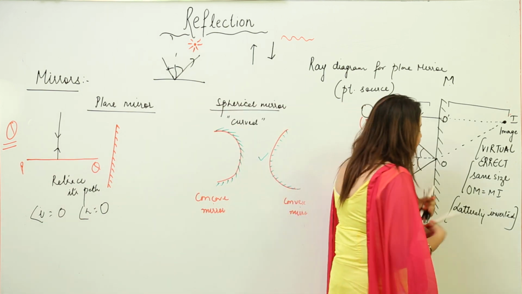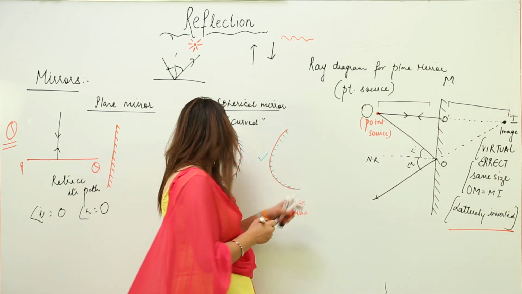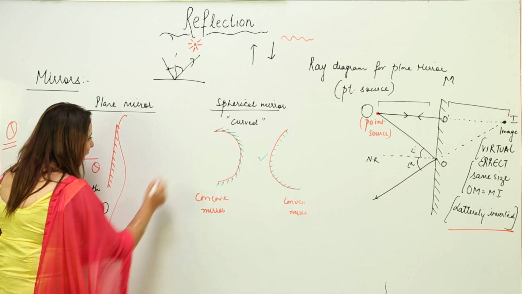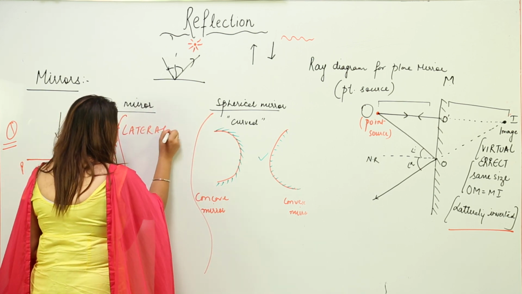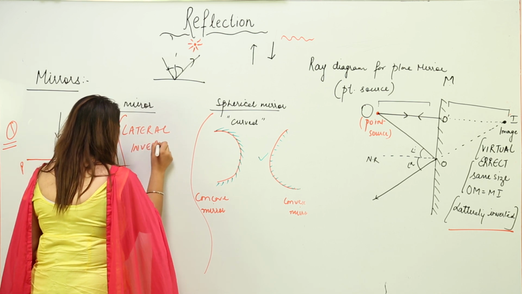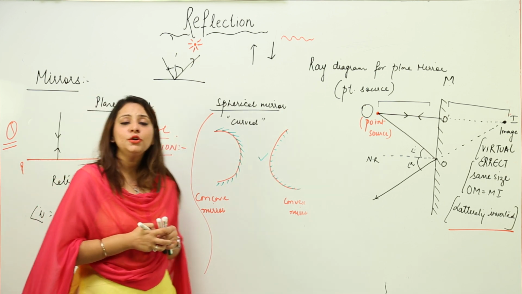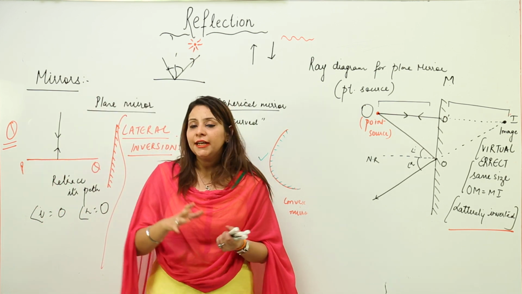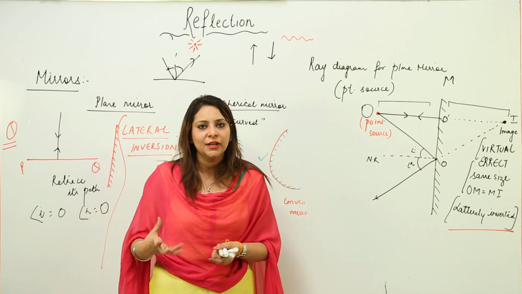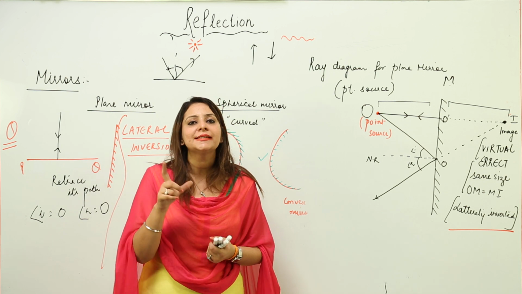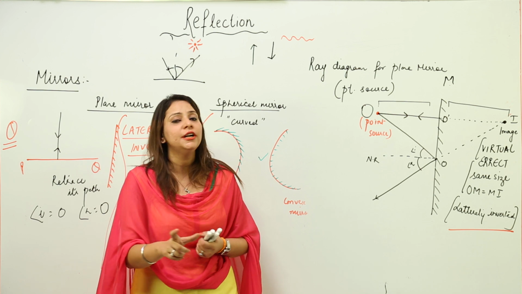And moreover, one interesting phenomenon you see is that the image is laterally inverted. Now what is this laterally inverted? We call this phenomenon lateral inversion. What's that? Whenever you see yourself in a plane mirror, your left hand side becomes right hand side, and your right hand side becomes left hand side. This is called lateral inversion or laterally inverted, and this is a feature of the plane mirror.